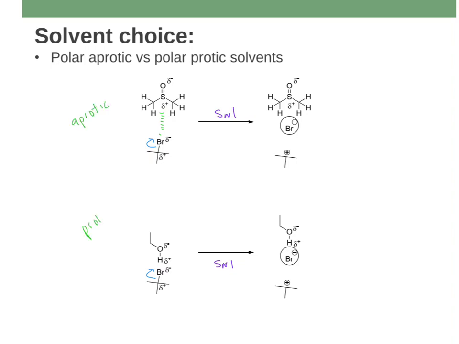These are the same solvent molecules I used before. If you have an aprotic solvent, the distance between your partially positive sulfur and your partially negative leaving group, whether it's bromine, chlorine, iodine, whatever it happens to be, is going to be longer than if it's protic. If it's protic, it's going to be a lot closer together. So you have a stronger attraction there.